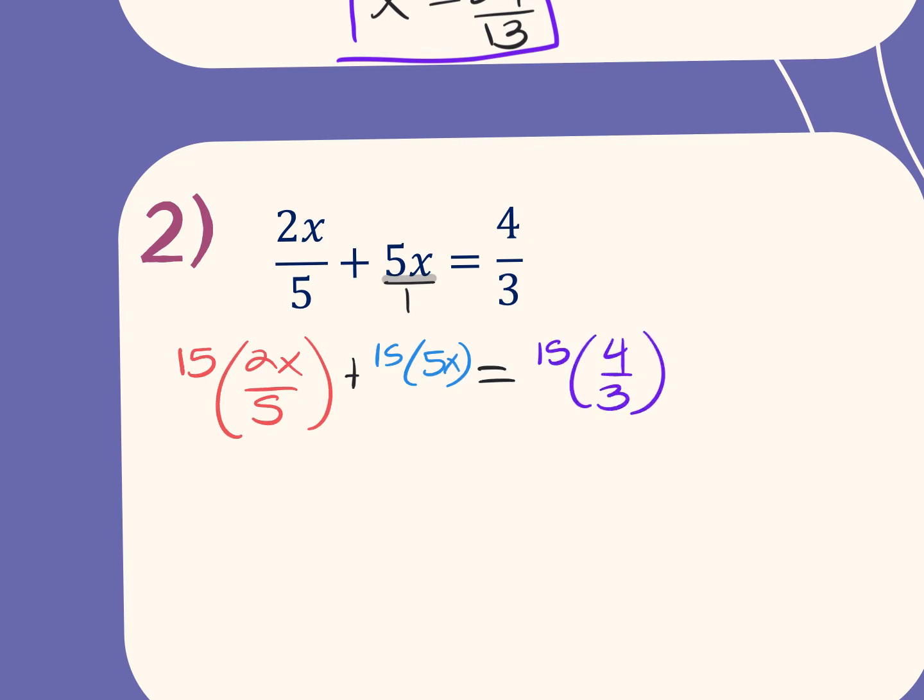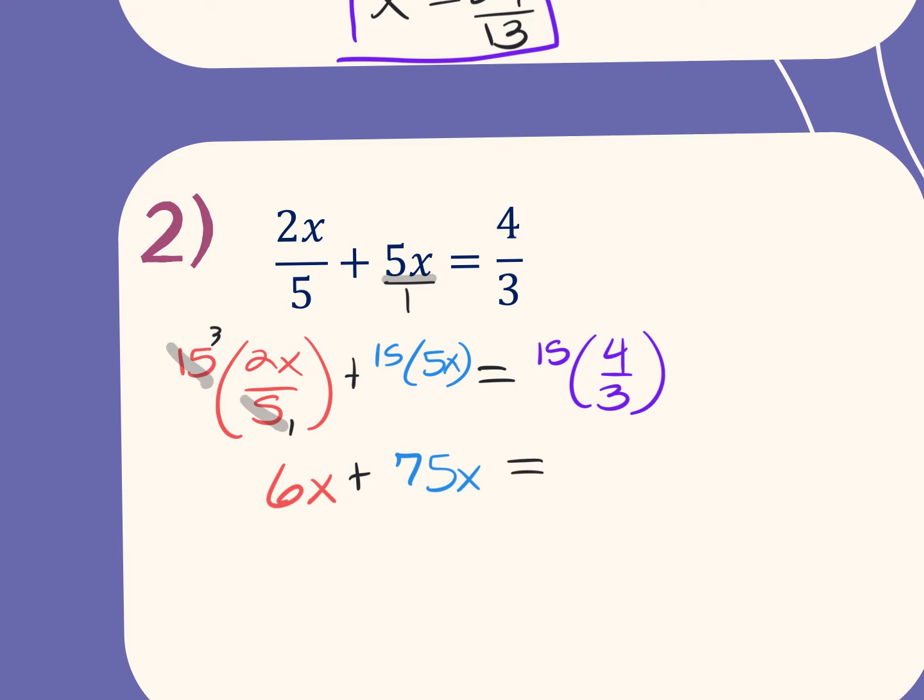So now for the red one, the 5 and the 15: the 15 becomes a 3, and the 5 becomes a 1. Now I'm left with 6x. Then for the blue, nothing to cancel here, so I multiply 15 times 5 and get 75x.